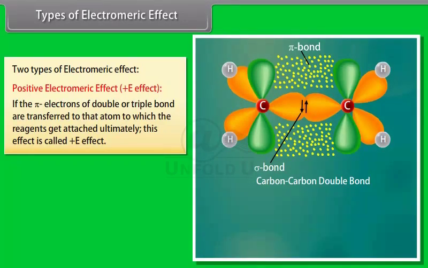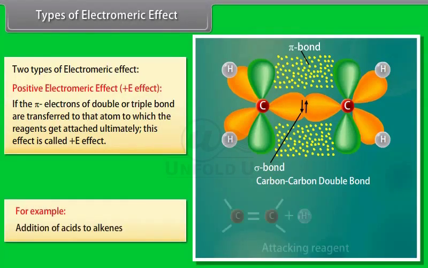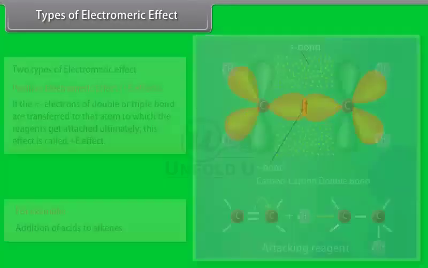Types of electromeric effect. There are two types. Positive electromeric effect, positive E effect: if the pi electrons of a double or triple bond are transferred to that atom to which the reagent ultimately gets attached, this effect is called positive E effect. For example, addition of acids to alkenes.